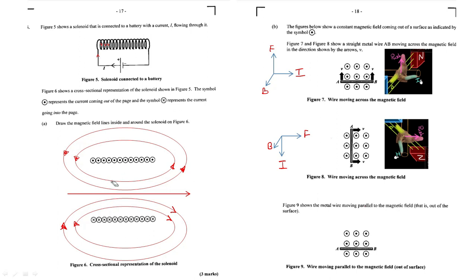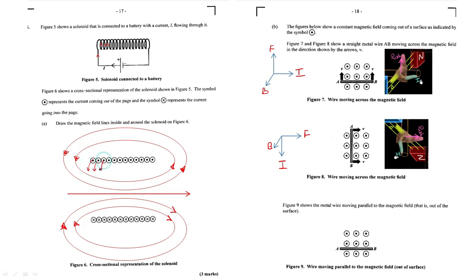So this is one where you would have to incorporate the right hand grip rule. I should have taken a picture of this, but I can draw fairly well. Because the current is coming out of the page and down, the direction of the current would be down like that.